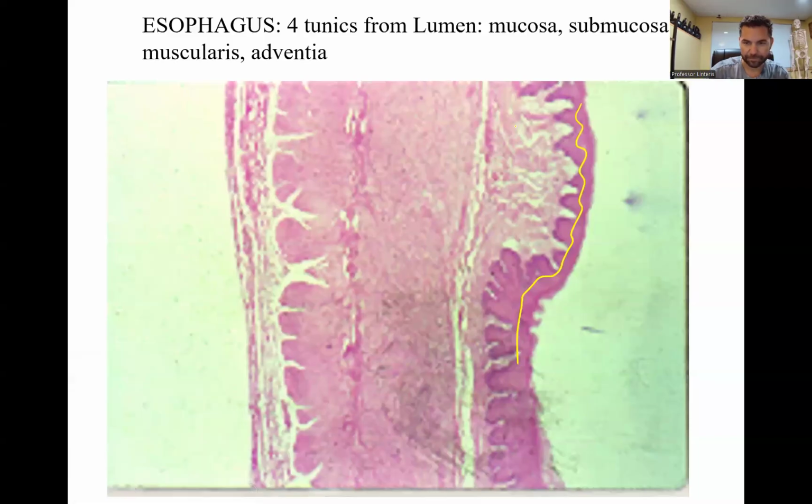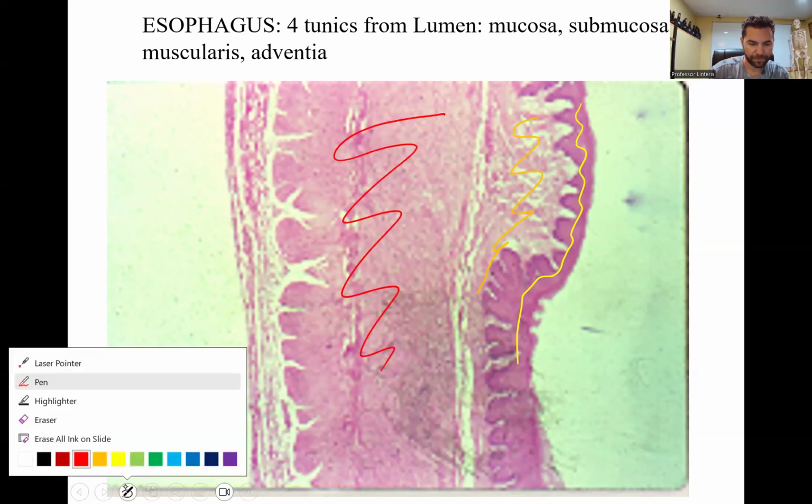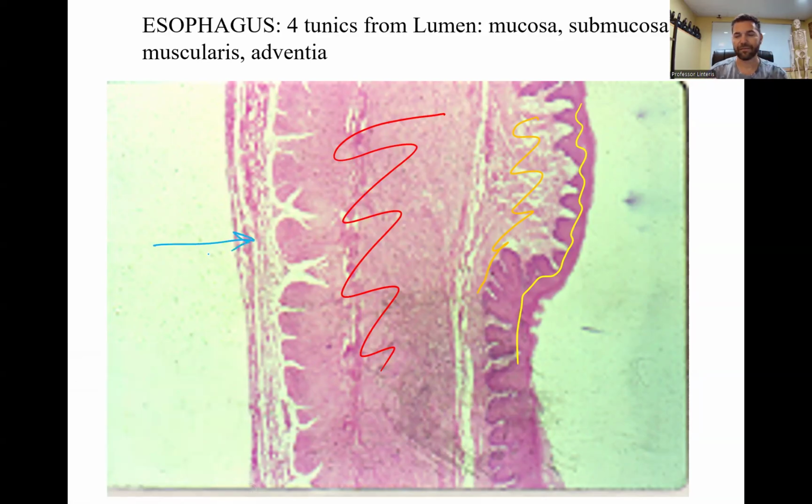Submucosa. Muscularis. And adventitia is also serosa. And that'd be the outer.